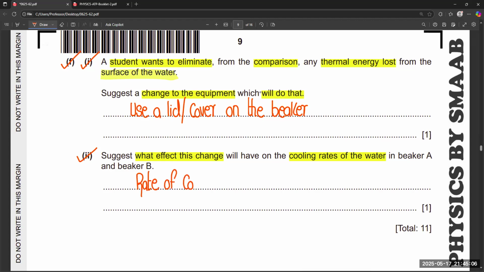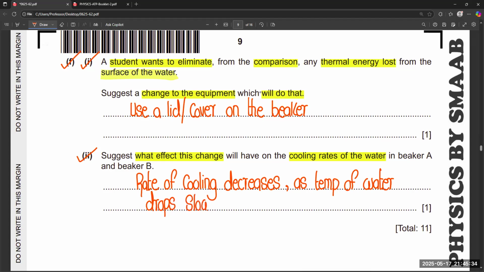It means the water cools down more slowly. Rate of cooling decreases as the temperature of water drops slowly.